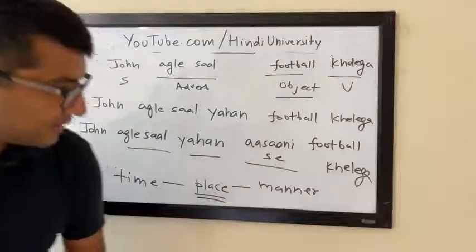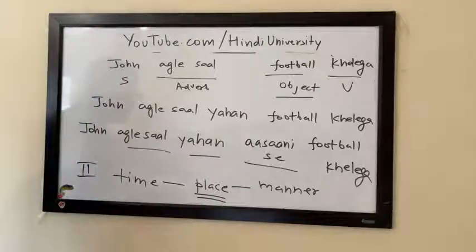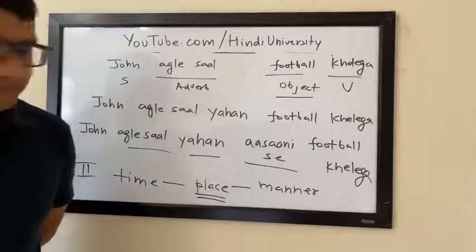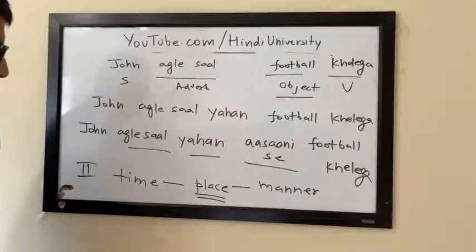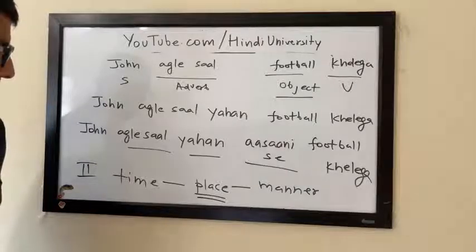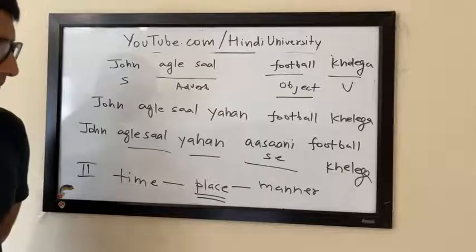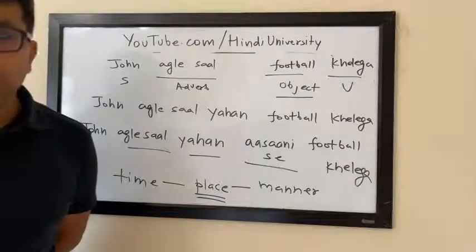Any one of the three can be anywhere. Yes. Try it out. Modify the sentence and say it in a different way. John, यहाँ, अगले साल, आसानी से, football, खेलेगा. That's correct.